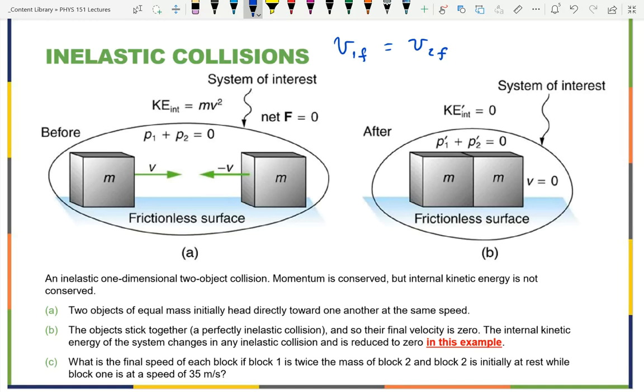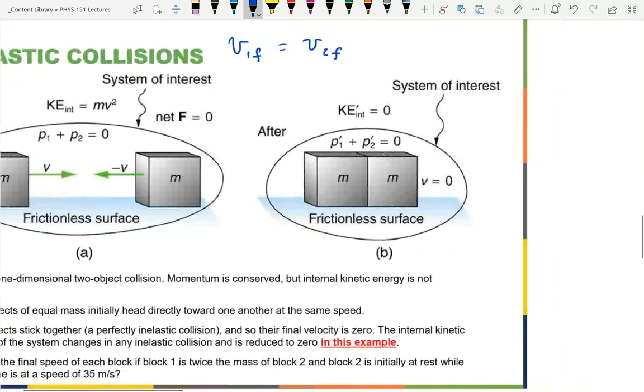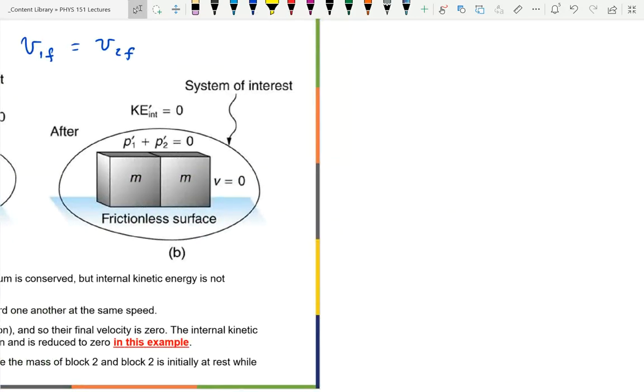So in these cases, you just have two relations that you use to solve them. Momentum initial equals momentum final. I wrote it as a vector equation, but remember I told you we're always going to do the one-dimensional for this class, so the vector equation is not going to be important to you per se. And you have V1 final equals V2 final.